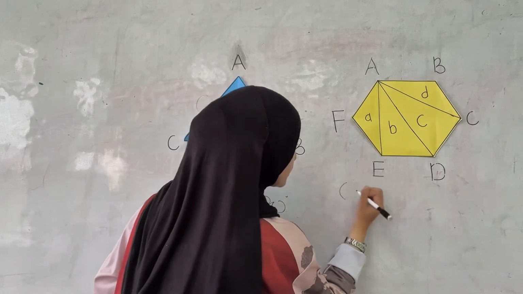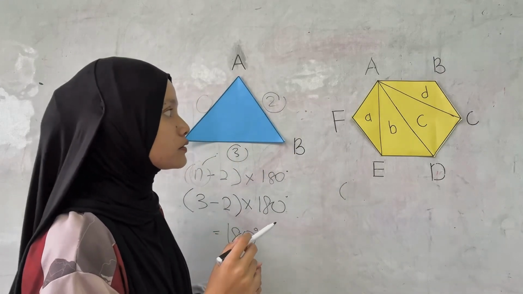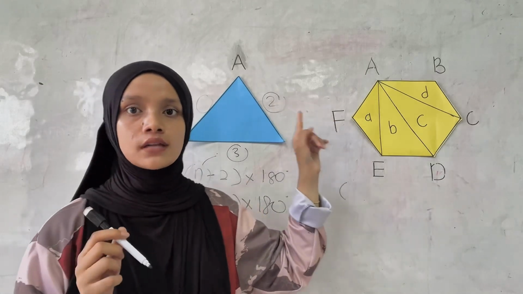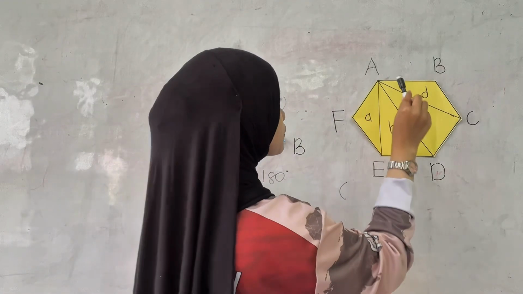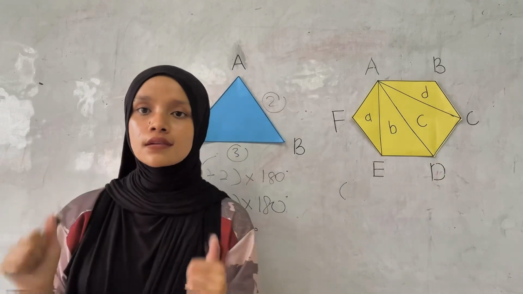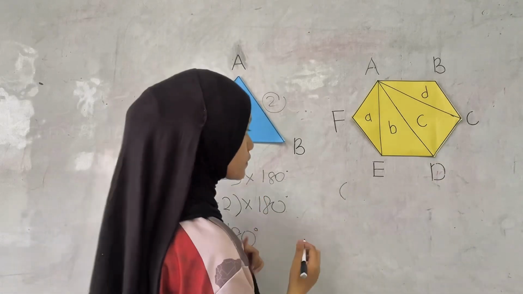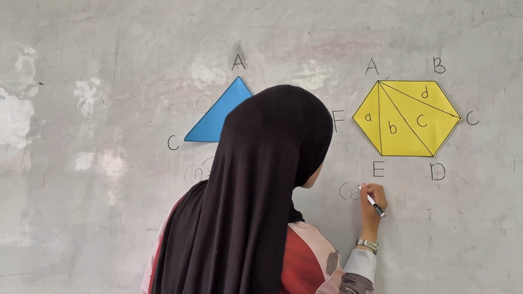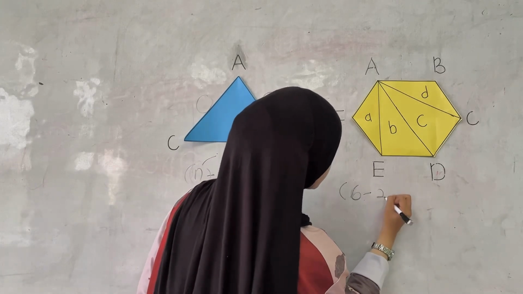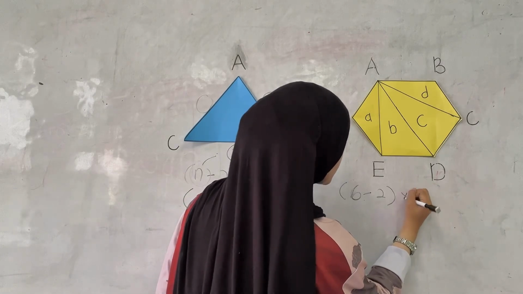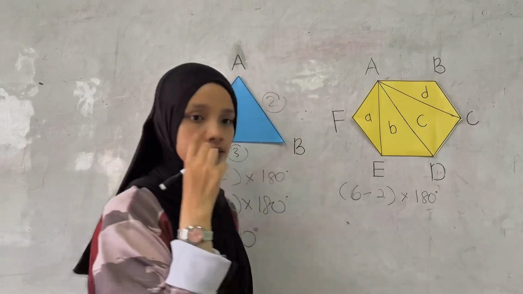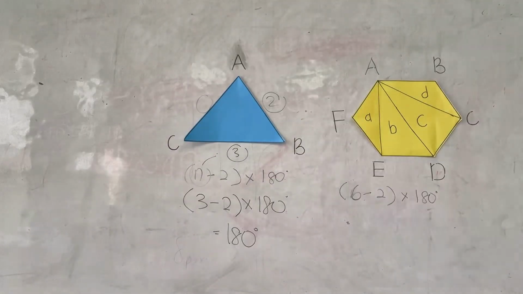We count how many sides the hexagon has: 1, 2, 3, 4, 5, 6. We have 6 sides. So n equals 6, minus 2, multiplied by 180 degrees.